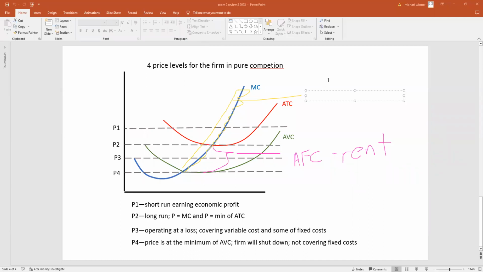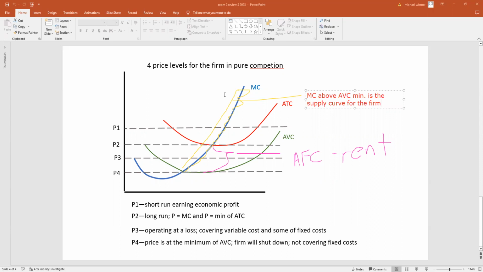So the marginal cost curve above the AVC minimum is the supply curve for the firm. To repeat, the marginal cost curve above the average variable cost curve minimum is the supply curve for the firm.